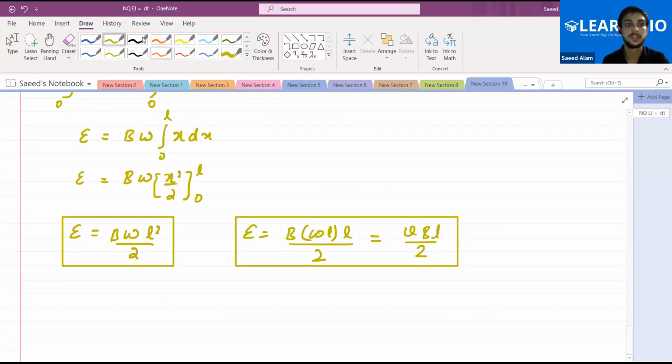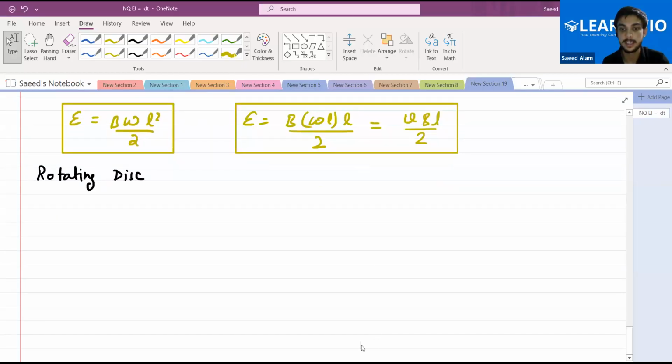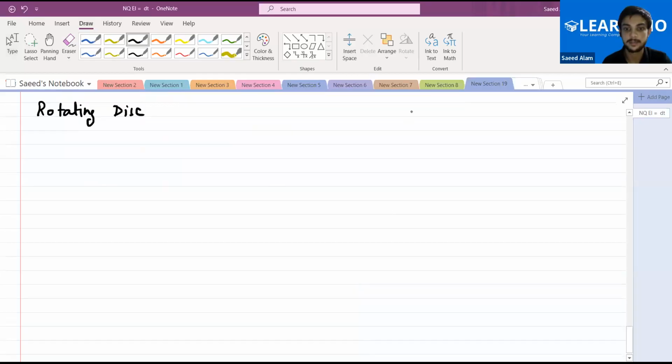Okay. Now suppose the third case that I'm taking here is a rotating disk. If I'm considering the rotating disk, then what is going to happen?